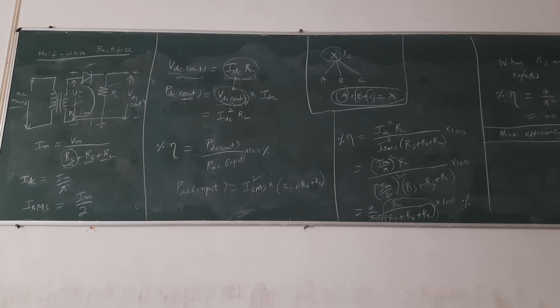A half wave rectifier has a load of 3.5 kilo ohm.